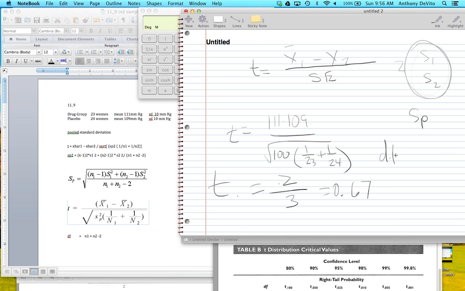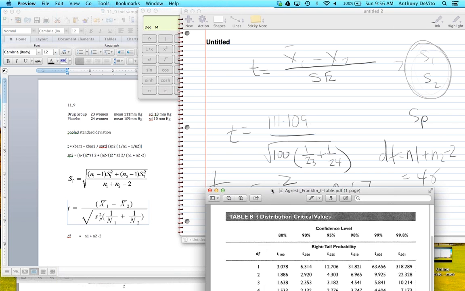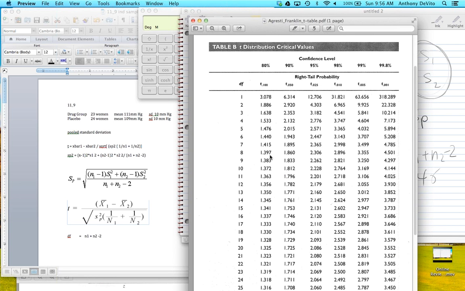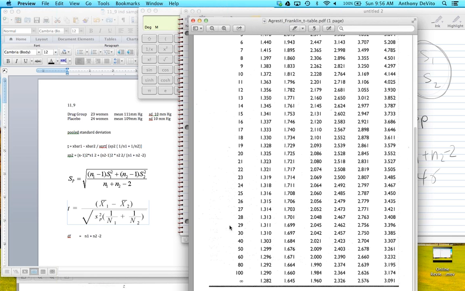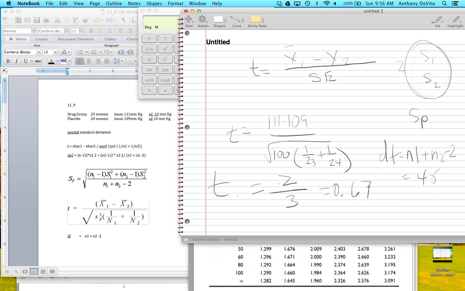My degrees of freedom is equal to n1 plus n2 minus 2. Okay, that's equal to 23 plus 24, 47 minus 2 is equal to 45. So I could go to my t-table for 45. Okay, I'm going to be conservative, stick with 40. And I needed to exceed a t-value of 2.02. I failed to exceed that critical t-value, so I failed to reject my null hypothesis.